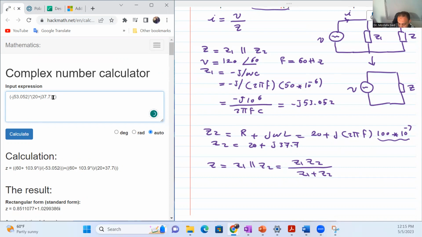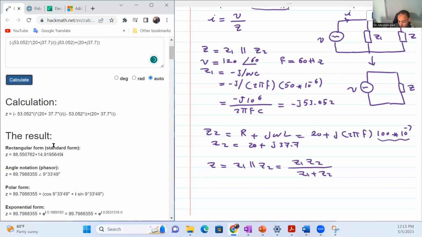So don't write them again, just copy, paste, and change the multiplication to addition. And in one click, my friend, you're going to get the answer. One click, very powerful, very accurate. The answer is given in two ways: rectangular form and also polar form.